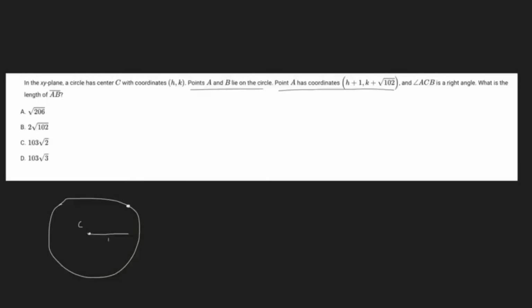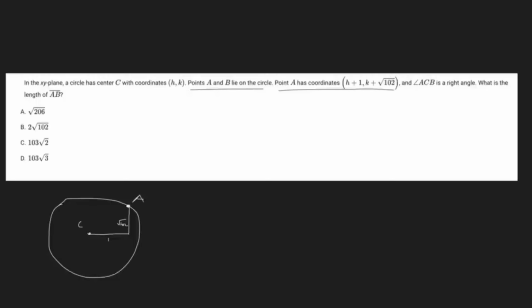Then k represents the y-axis, and that's positive, so we go up. That length right there is going to be square root 102. And we know this is point A.